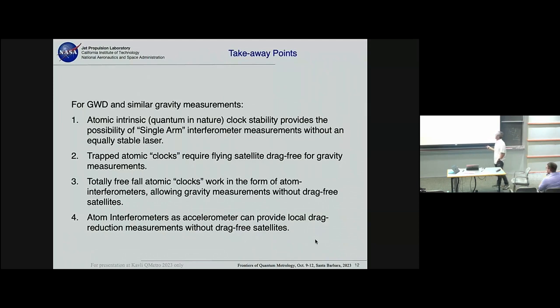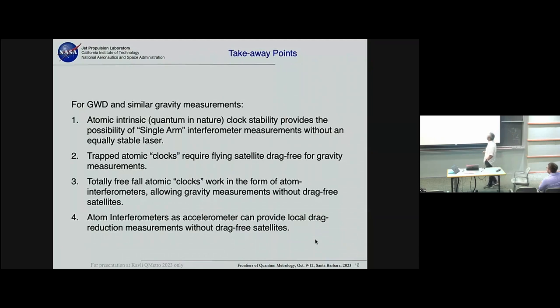On science maturity, the clock has already demonstrated 10⁻⁹ precision, which is much more mature, while a totally free atomic clock working in the form of an atom interferometer does allow the possibility of flying the measurement without a drag-free satellite, which potentially is a lot of saving.